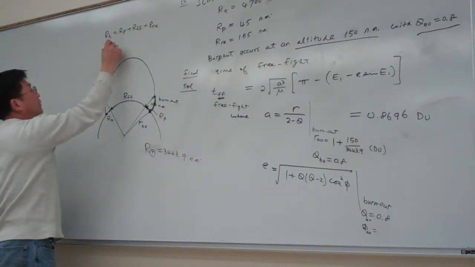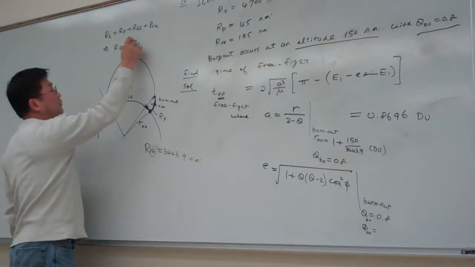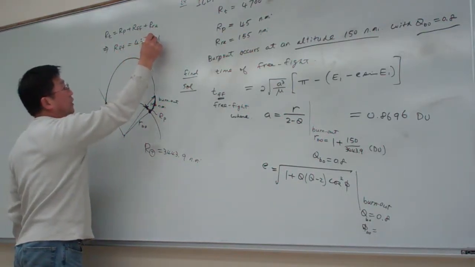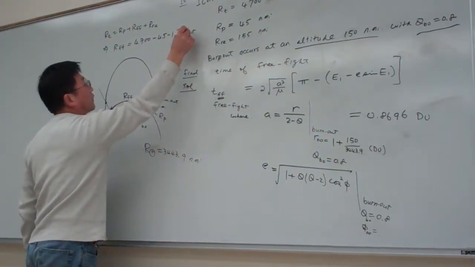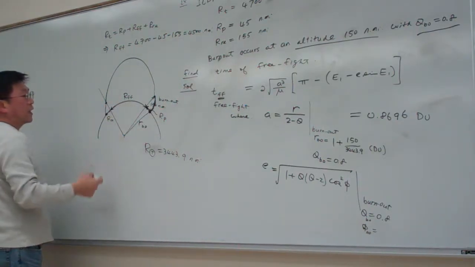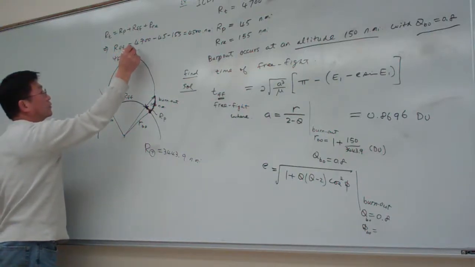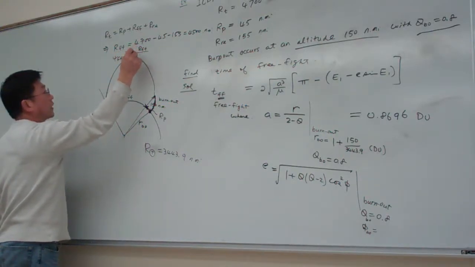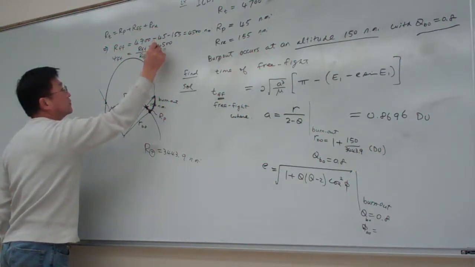So therefore you can calculate RFF equal to how much? 4700 minus 45 minus 155. So that is 4500. Okay, so you have the RFF, therefore psi FF equals RFF divided by the radius of the Earth, 4500 divided by 3443.9.